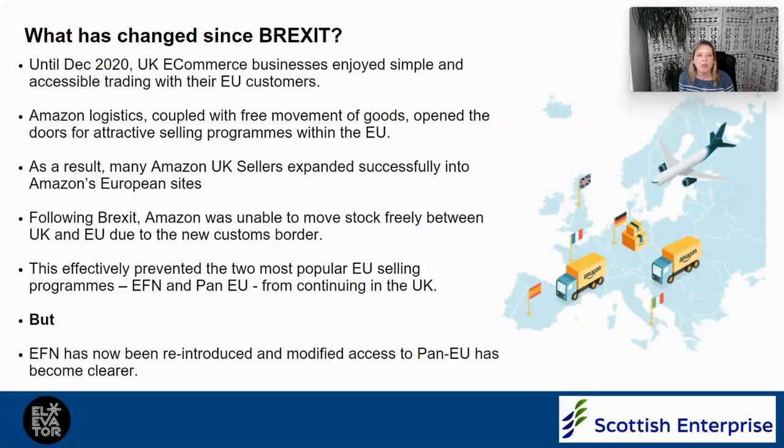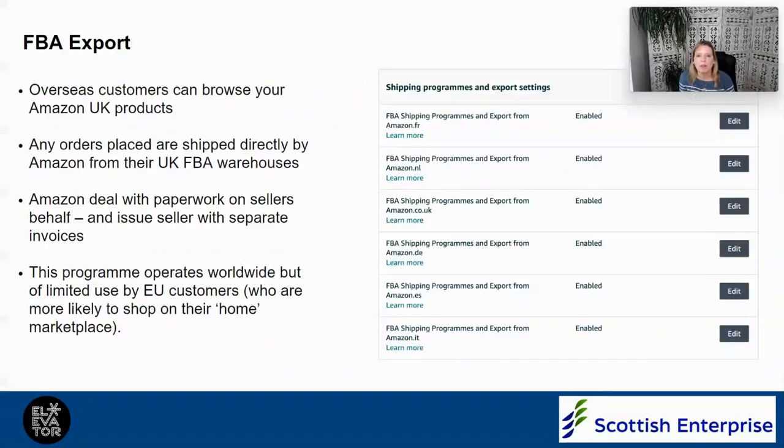And I would say also that at the very least, there's just far more information available, not so much guesswork anymore. So it means it's easier for sellers to assess the financial viability of the programs. But anyway, let's move on and look at each of these in a bit more detail.